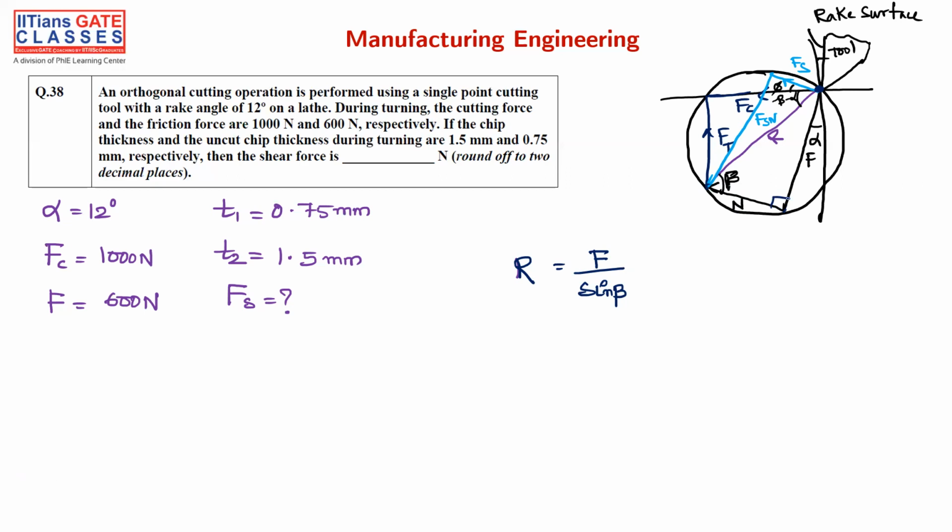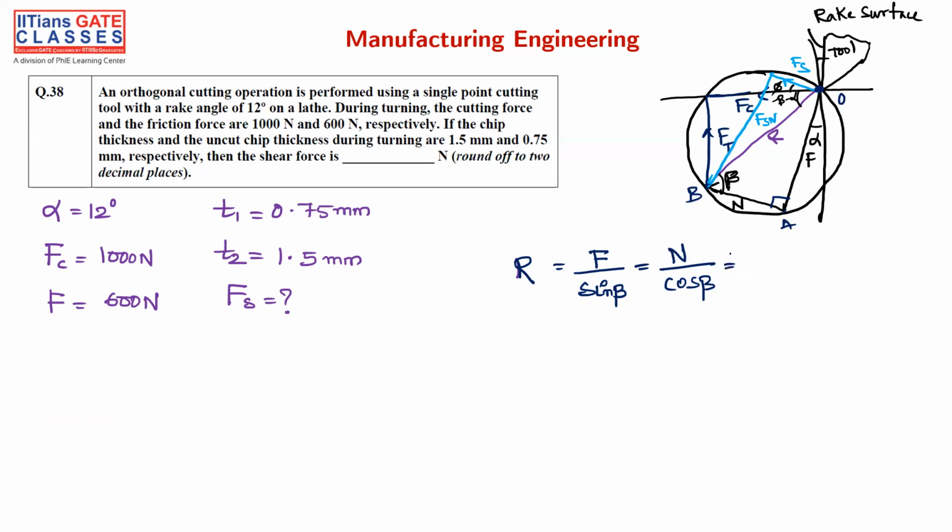So sine beta will be F by R, right? So if you can convert that, R is equal to F by sine beta, like that. We can keep on writing, considering different triangles. This is N by cos beta, by considering this triangle, by considering O, A, B.